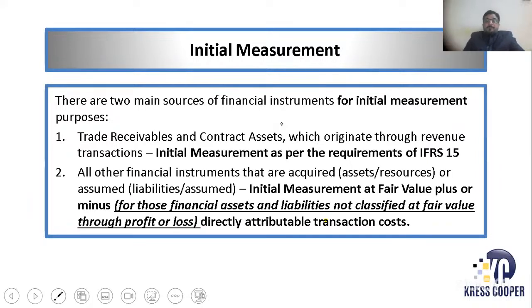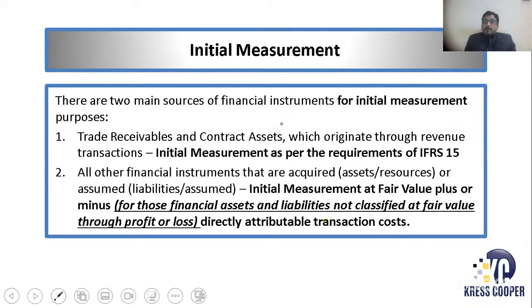For trade receivables and contract assets, which originate through IFRS 15, their measurement is worked out based on IFRS 15, their transaction price. So that is not taken over here in IFRS 9.